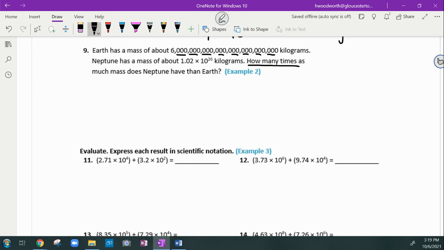Only 24 powers of 10. So let's do this. Let's divide. So the big one goes on top, 1.02 times 10 to the 26th. And Earth is 6 times 10 to the, how many did we say? 24, I think. All right. 1, 2, 3, 4, 5, 6, 7, 8 times 3 is 24.